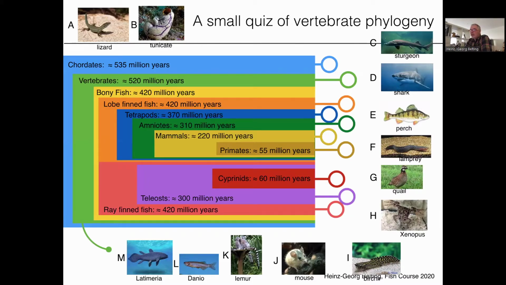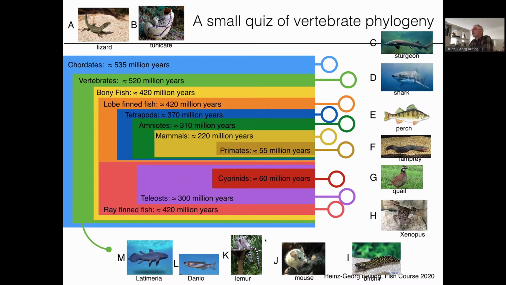This is a quiz I will not discuss today, but you can download this. The idea is that during coffee break or over lunch, you can look at these different animals and put them into the right spot. The point I want to make is that all these things are chordates, except for one, which is considered here the out group.